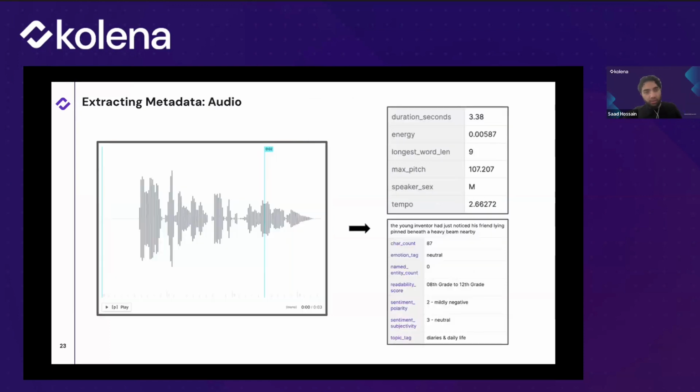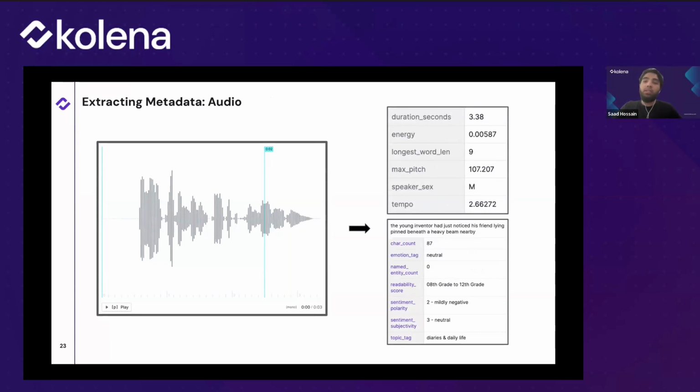Now, we're not just limited to NLP problems and computer vision problems. In the field of audio processing, there's actually a lot we can do based on traditional signal processing methods, as well as just transcribing audio and doing the same thing we did before with text, treating it as a text problem.